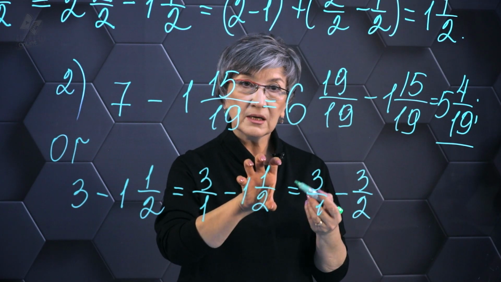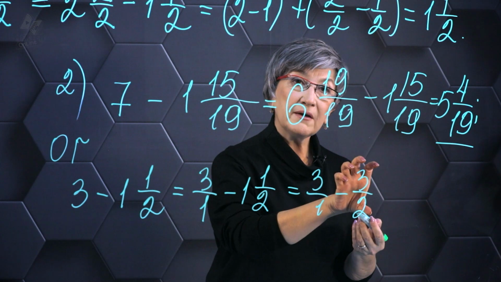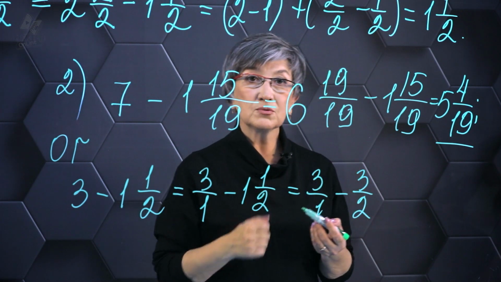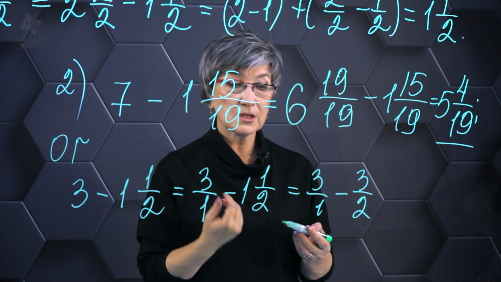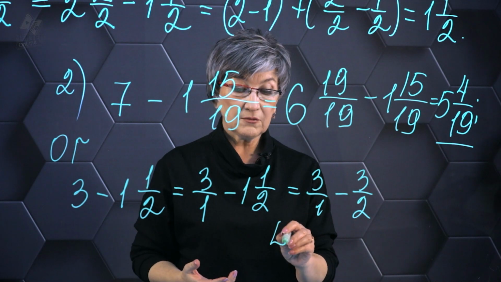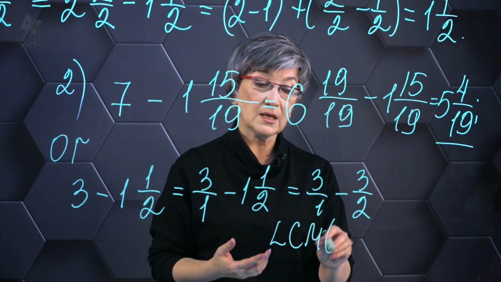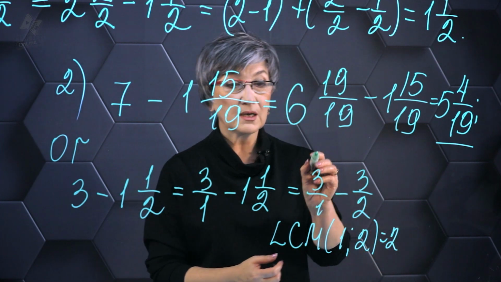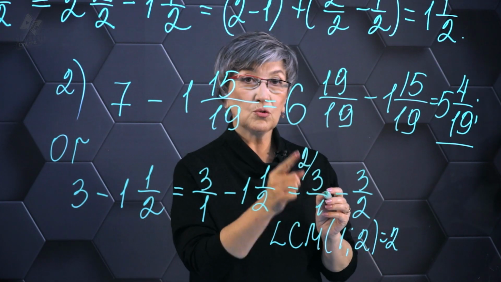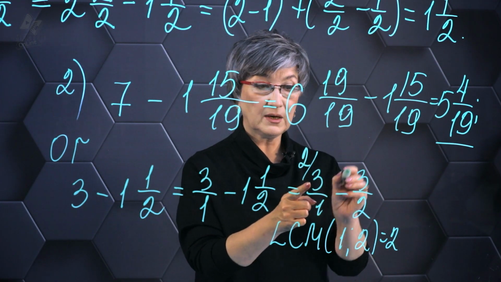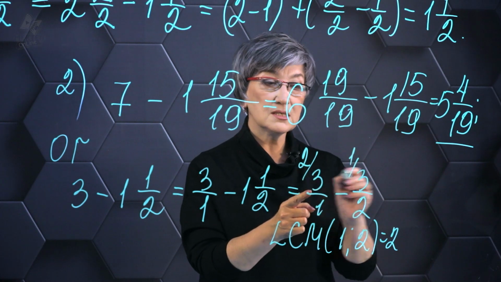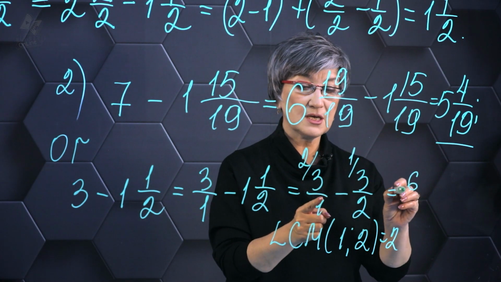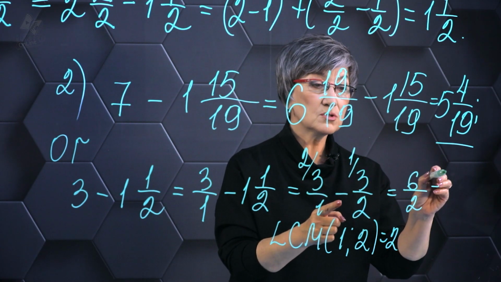I've converted a mixed fraction into an improper fraction. And I ended up with 2 fractional numbers. Now, in order to subtract the 2 fractional numbers, I find the common denominator, and the common denominator is 2. Then the additional multiplier of the first fractional number is 2, and the additional multiplier of the second fractional number is 1. The result is 6/2 minus 3/2.